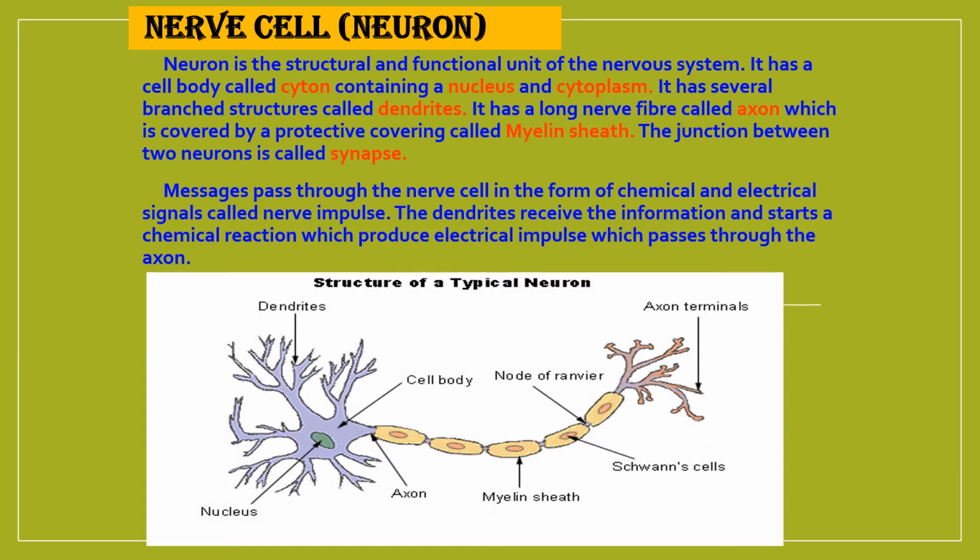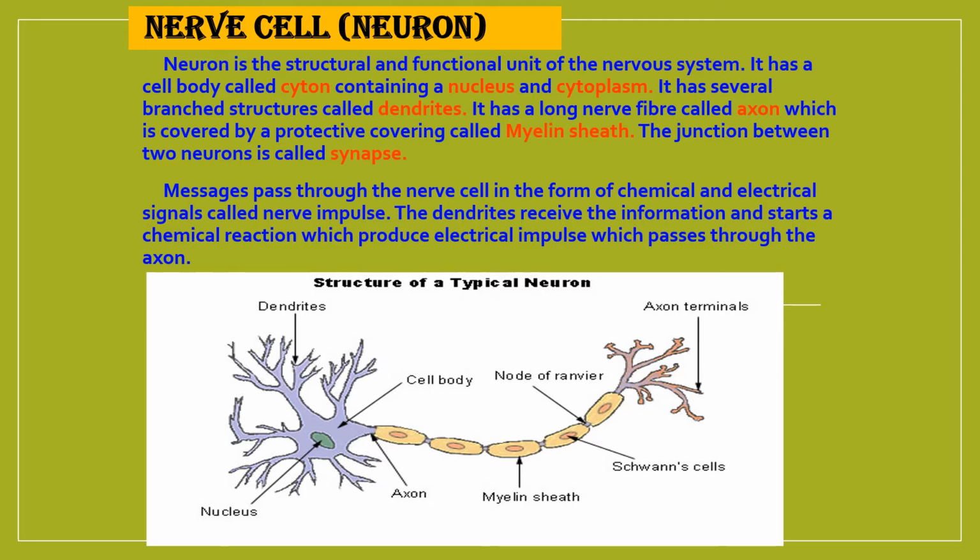Neuron is the structural and functional unit of the nervous system. It has a cell body called the cyton, and it contains the nucleus and the cytoplasm. It has several branched structures called dendrites. It has a long nerve fiber called axon, which is covered by a protective covering called a myelin sheath.